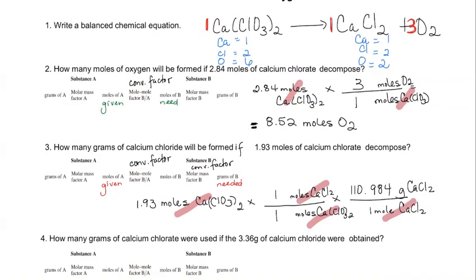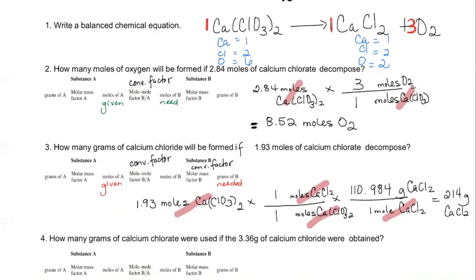So then my answer, rounded to 3 sig figs, excellent. That's what I got also. 214 grams of CaCl2.